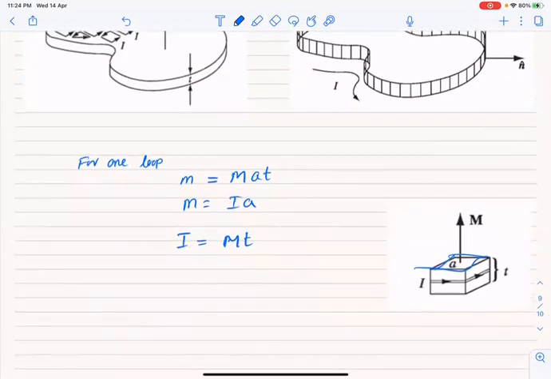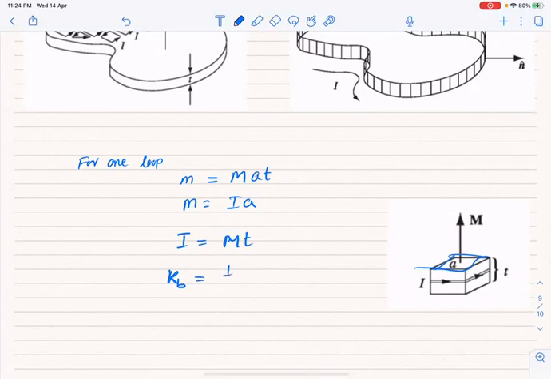So in terms of surface current, what happens? The magnitude of the surface current K_B will be I, the current, divided by the perpendicular length, right?